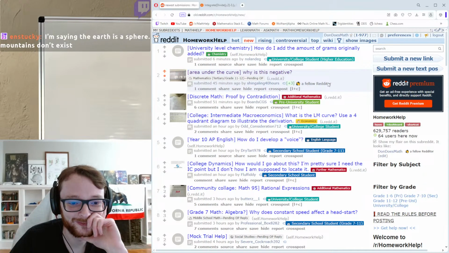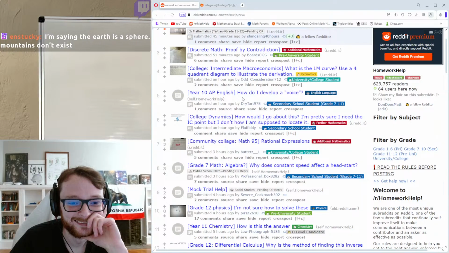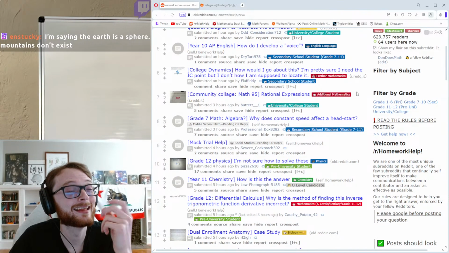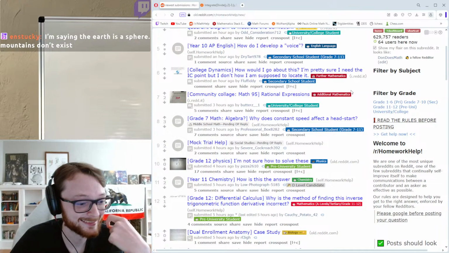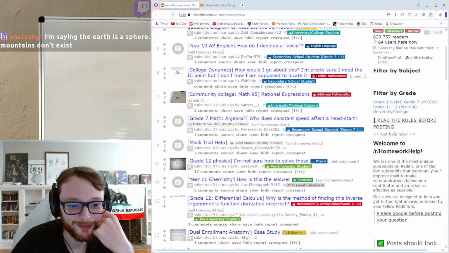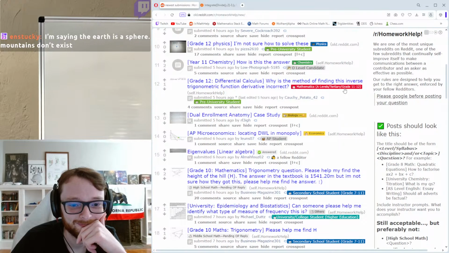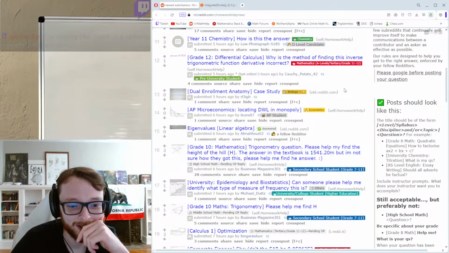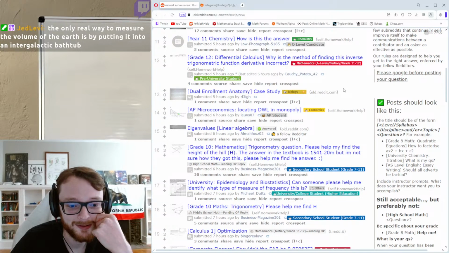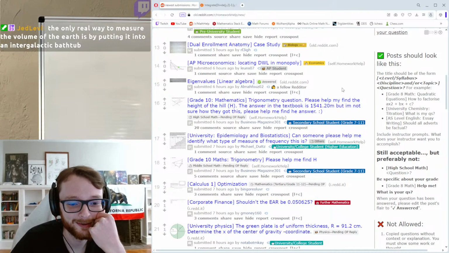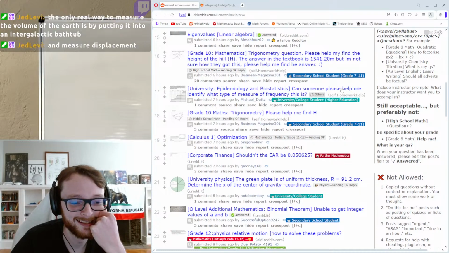There's no mountains, no valleys. Perfectly, yeah, I mean, in that sense it would be perfectly flat. Just the space is curved. That's the real flat Earth theory right there. Beneath an intergalactic bathtub and measure displacement? I think so. Yeah.